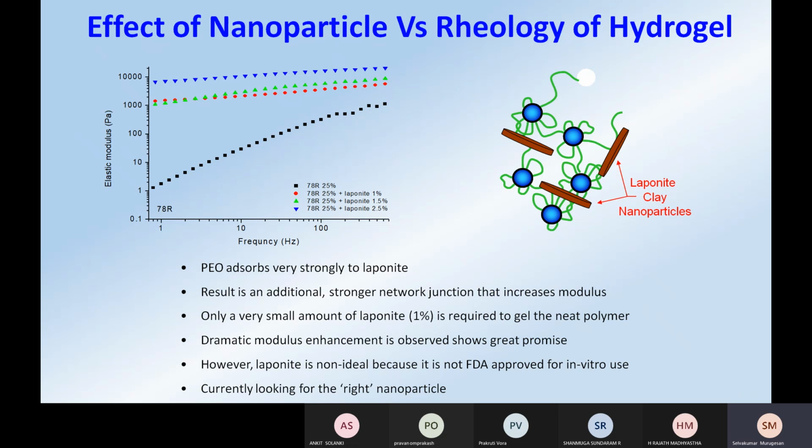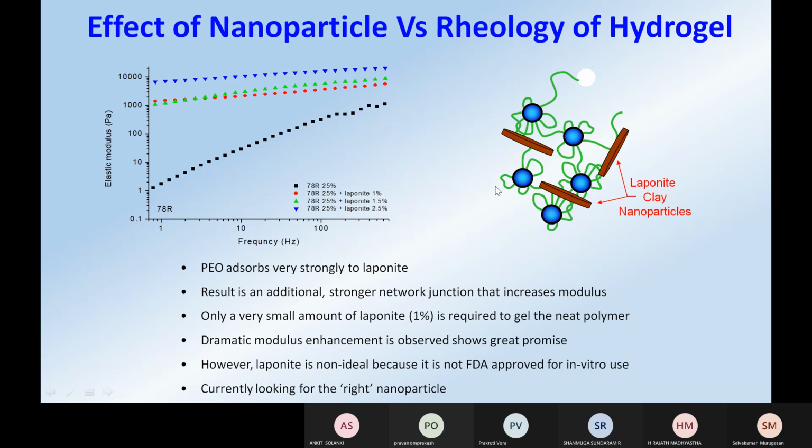Again, another example where you can see, with the help of nanoparticles like clay nanoplatelets, we add clay nanoplatelets into a polymeric hydrogel, whether hydrogen bonds are forming or not, and if hydrogen bonds are forming, whether they help improve the mechanical properties of the hydrogel or not.